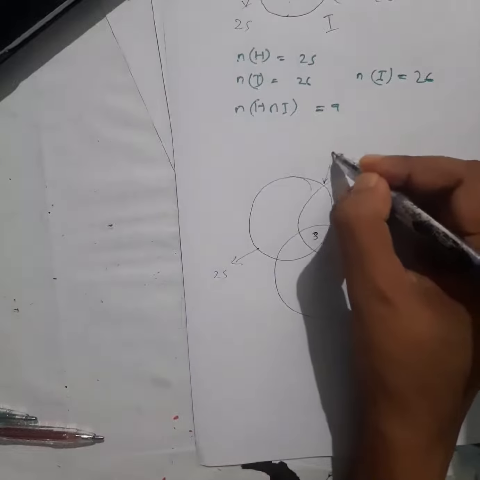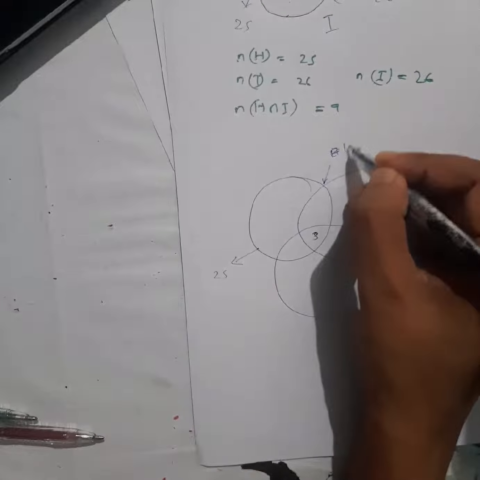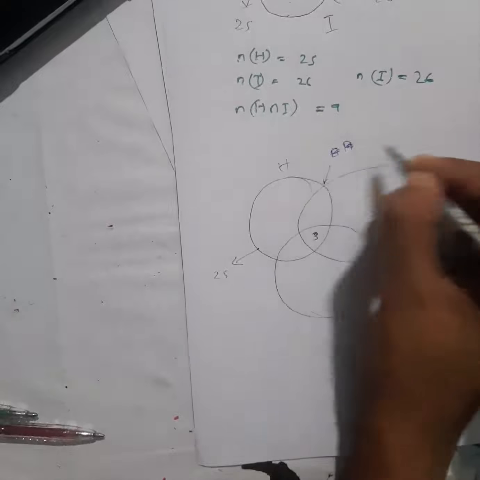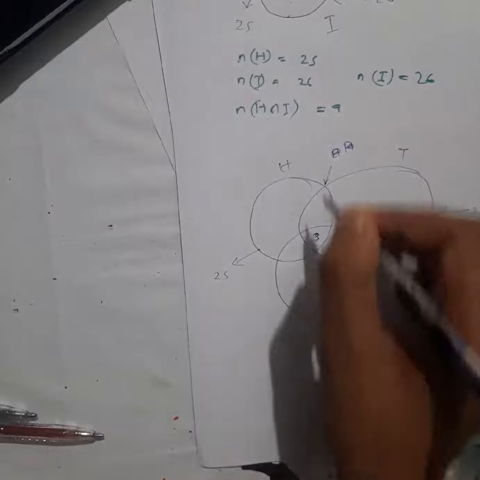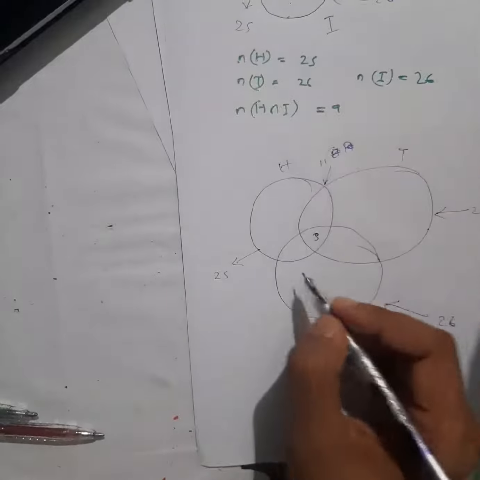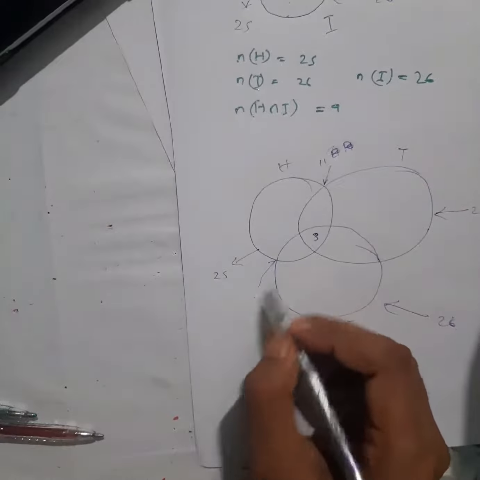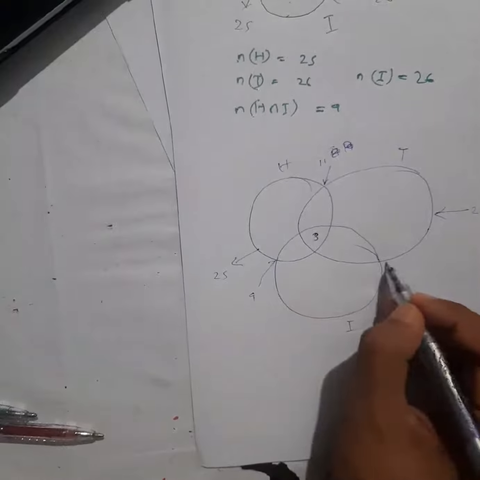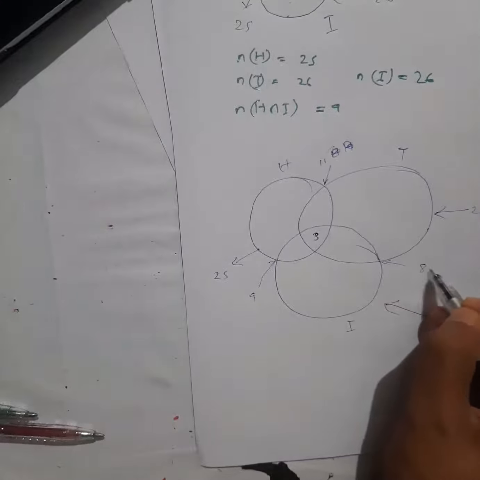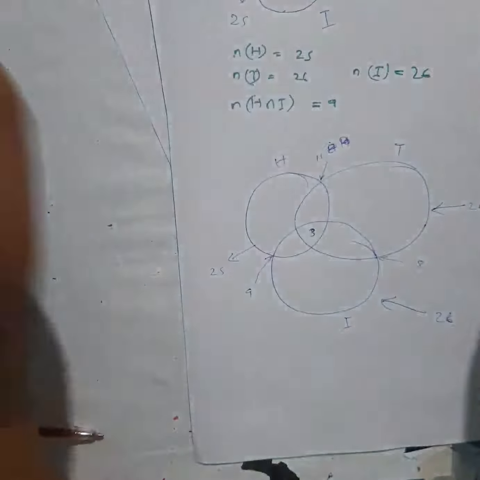I will write like this. Okay, 11. Right. This is H, T, I. This is 11. And this common region is how many? 9. This common region is how many? 8.